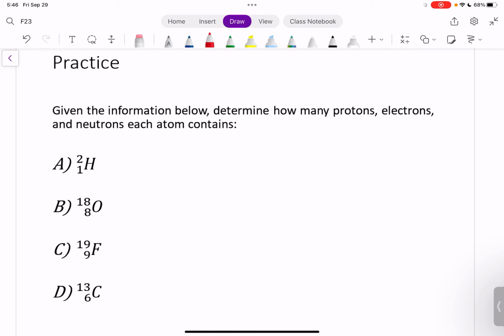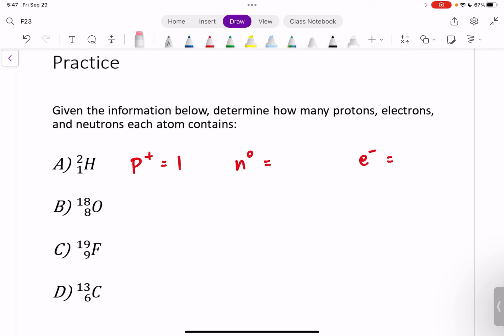All right, so for number 1, hydrogen. How many protons, neutrons, and electrons does hydrogen have here? So protons, what'd you guys put for that? I got 1 proton because we've got an atomic number 1 down here. Remember the bottom number is our atomic number.